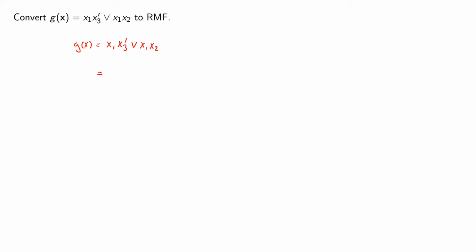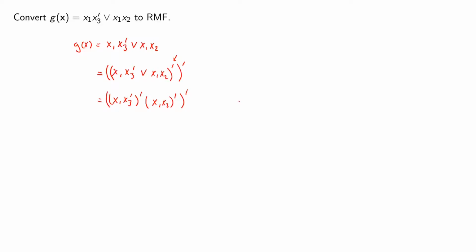The second way that we discussed was to use De Morgan's law. So we write x1 x3 prime or x1 x2, and what we do here is that we prime this twice, because if we send it into two NOT gates, it will obviously be back to the original expression. And now we can use De Morgan's law for the inner prime and write this as (x1 x3 prime)' and (x1 x2)', and then we have the outer prime still.